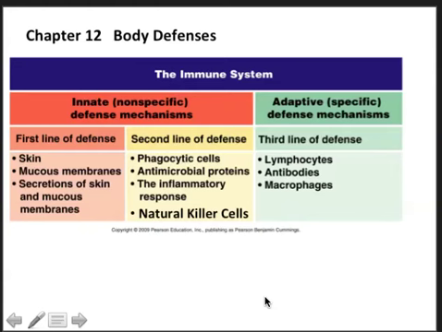Helper T cells, which are part of the lymphocyte population, will encounter these presented antigens, and you've got 1 billion different types of helper T cells, all with the ability to recognize a different particular antigen.